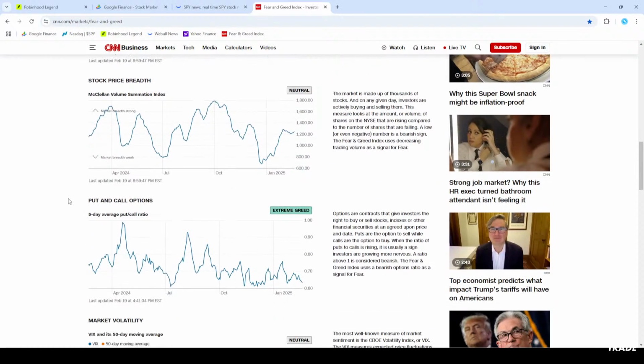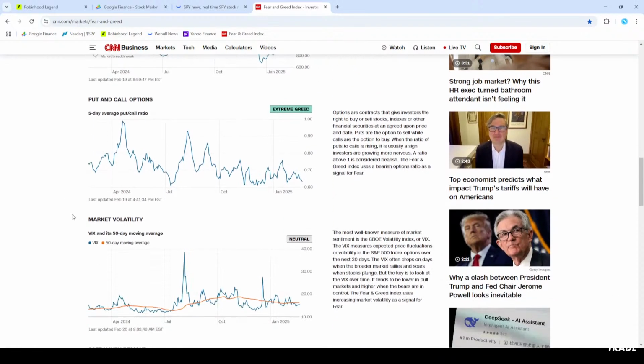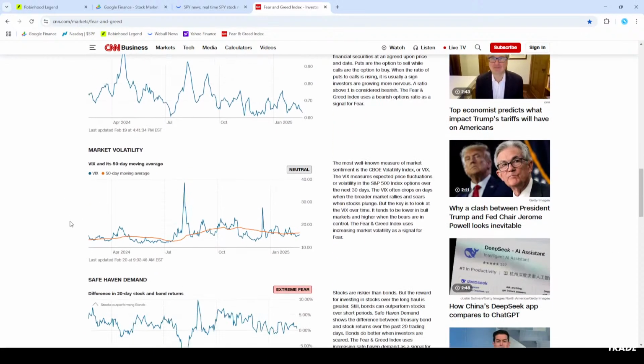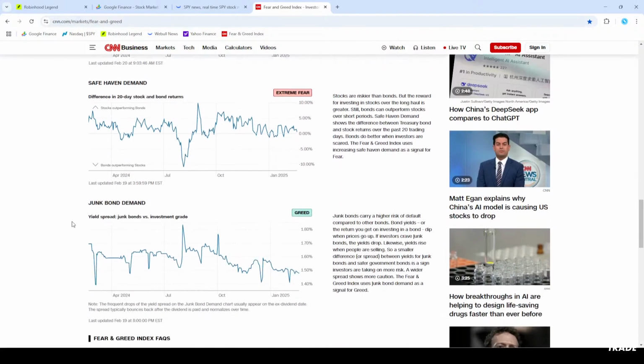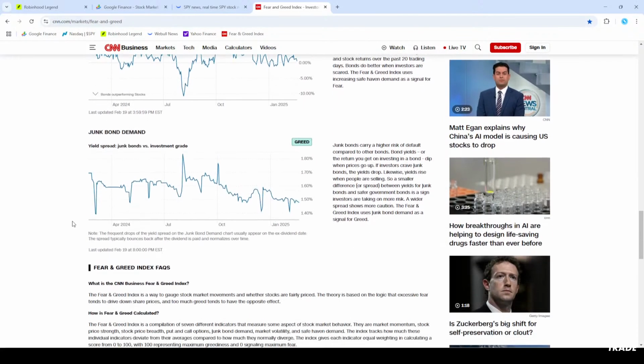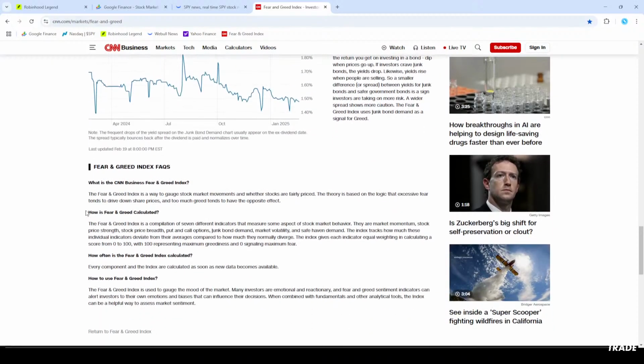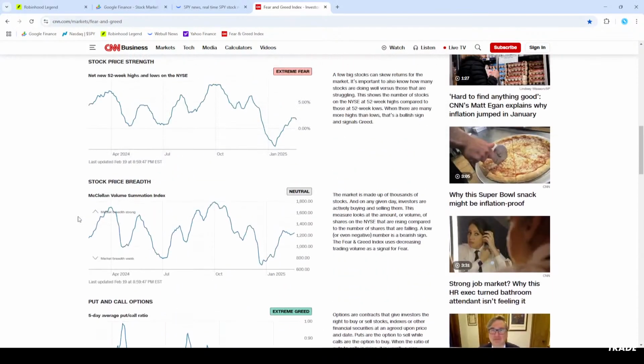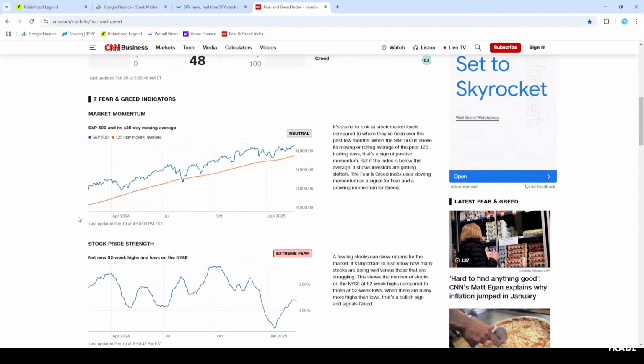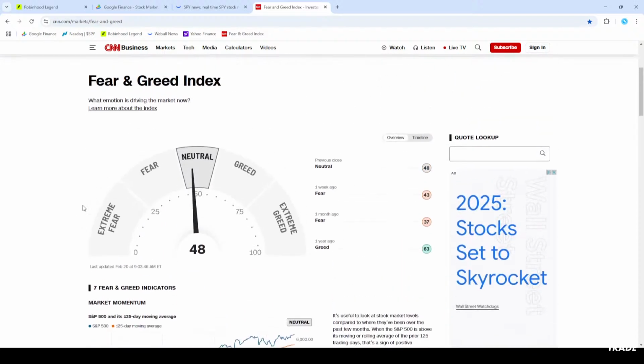The bid and ask prices on certain stocks that make up a large part of the stock market. Junk bond demand, which is, are people willing to buy riskier investments? They take all of this information and run it through an algorithm, and they come out with this indicator here, which is the fear and greed index. This basically gives an average sentiment of the market.